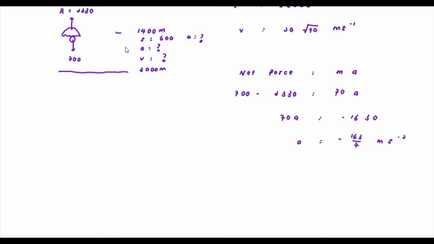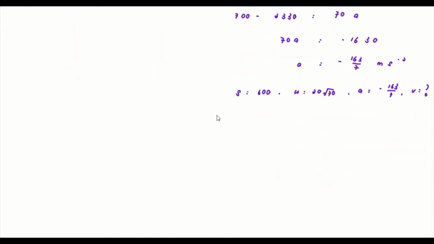Okay, so now we already have the u and we have the a, so we can try to find our v now. So the information, let's copy down: s is 600, the u is the v from the first stage, and the acceleration is negative 163 over 7, and I'm finding my v. Okay, the same formula, I guess.